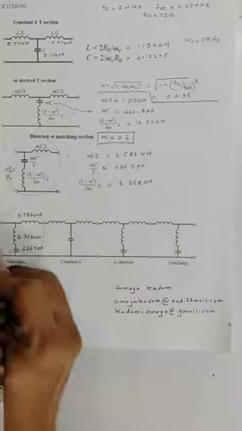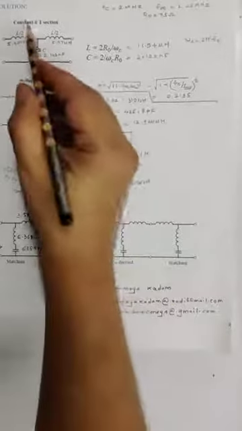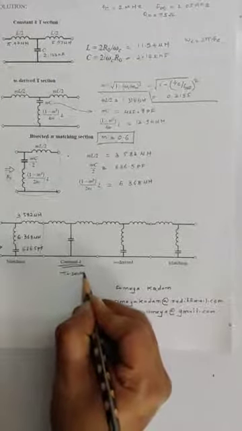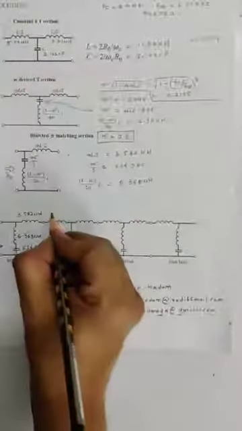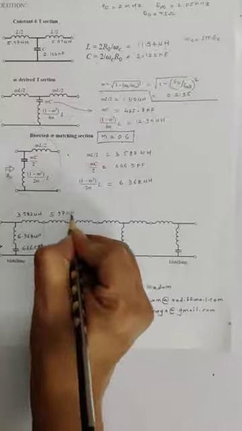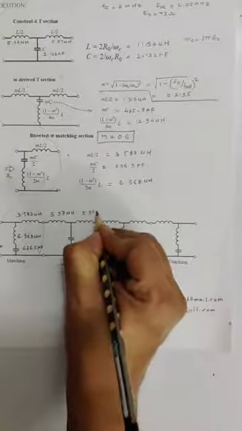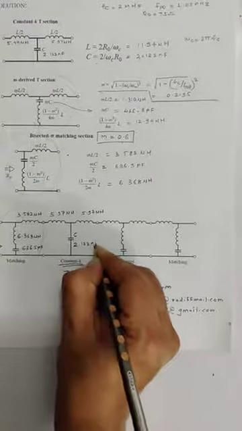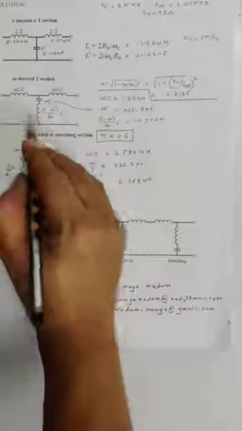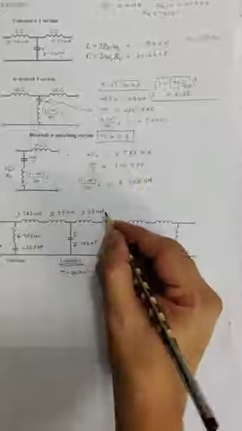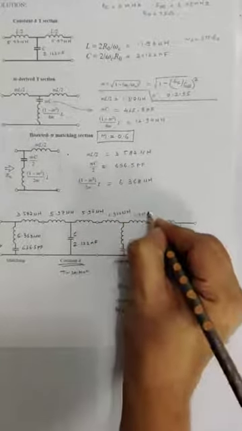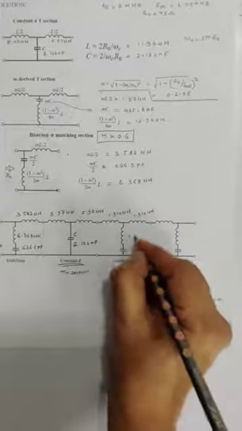The output of the matching section is given to the constant K section, T section network. Here you will have 5.97 microhenry, while the capacitor value turns out to be 2.122 nanofarad. Now the M derived section, so m L by 2 turns out to be 1.310 microhenry, and these values.